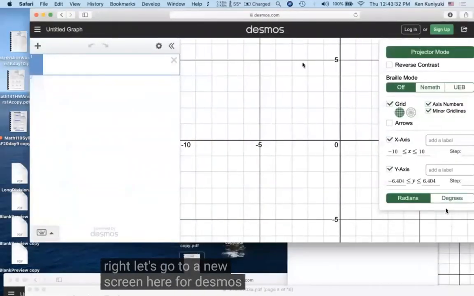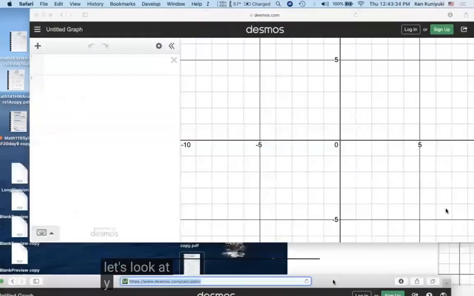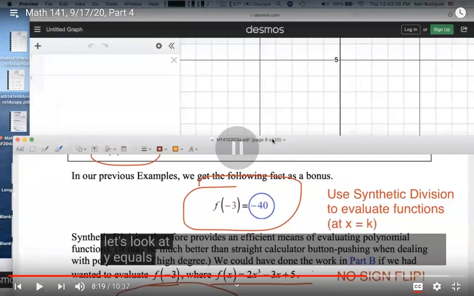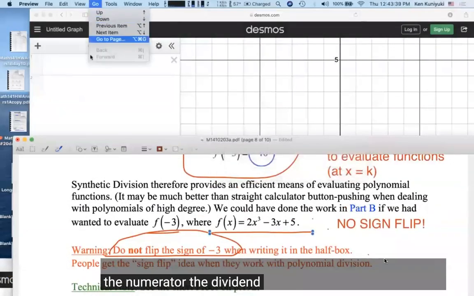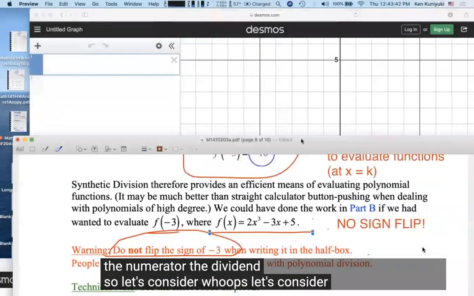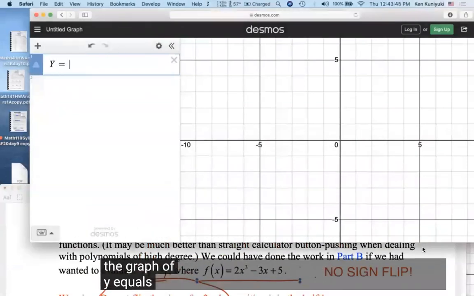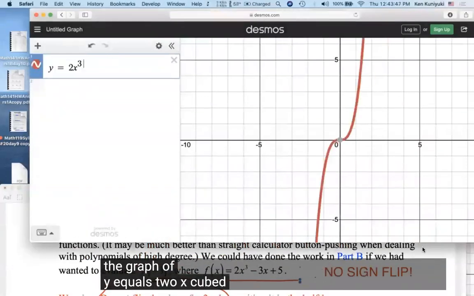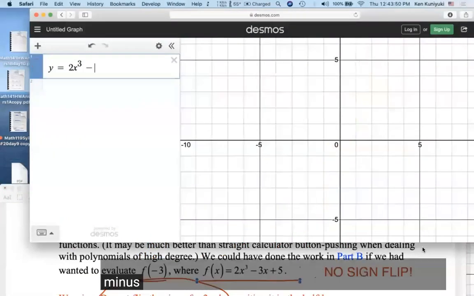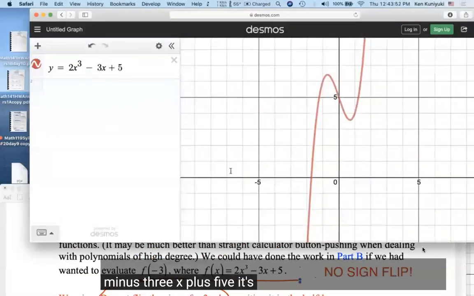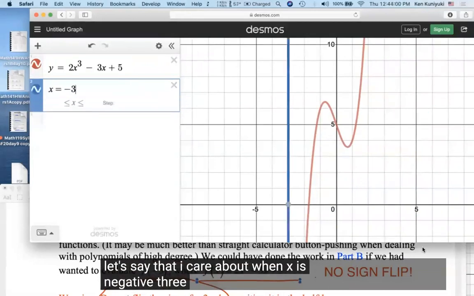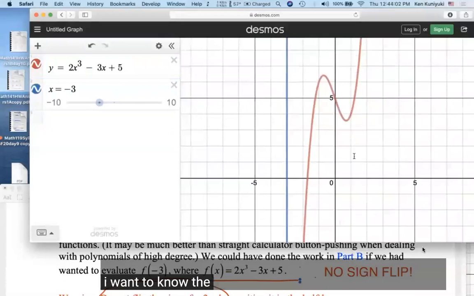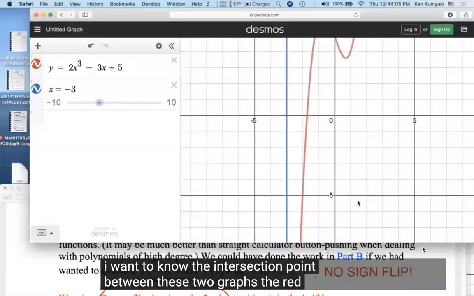Now let's consider the graph of y equals the numerator, the dividend: y equals 2x cubed minus 3x plus 5. It's this snake. Let's say that I care about when x is negative 3. I want to know the intersection point between these two graphs, the red and the blue.